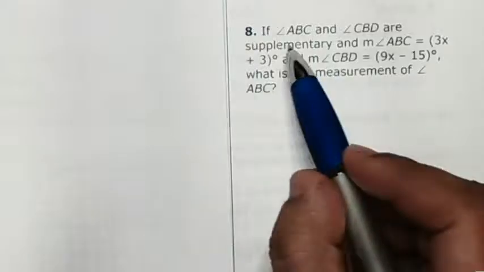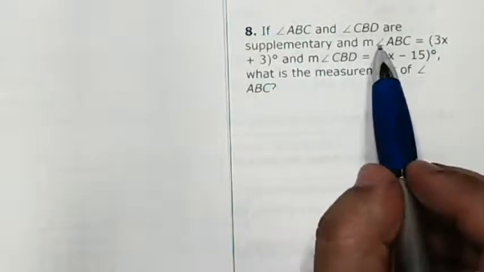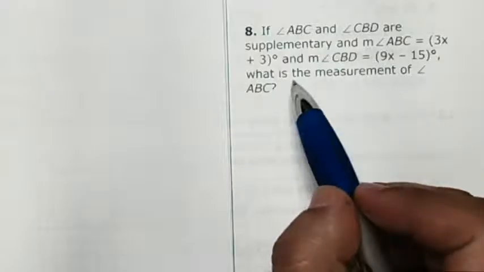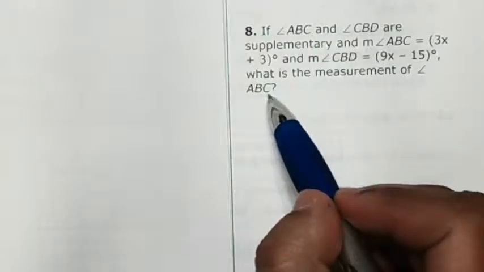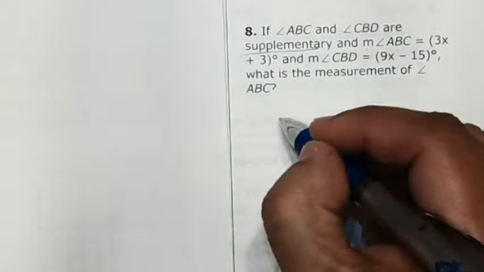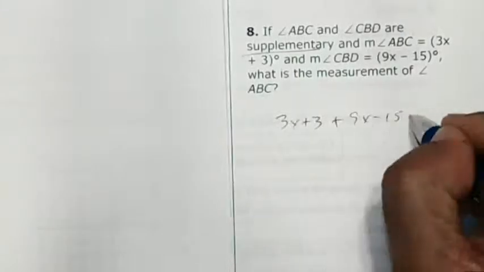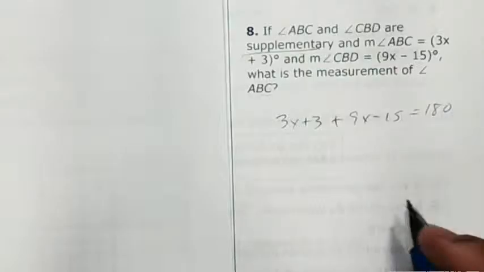Question number 8 says angle ABC and angle CBD are supplementary, and they give us the two measurements of the angles. We want to find the measure of angle ABC. Supplementary means the two angles add up to 180, so we have 3x plus 3 plus 9x minus 15 has to equal 180.